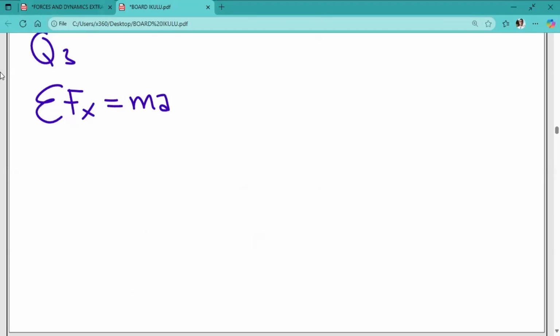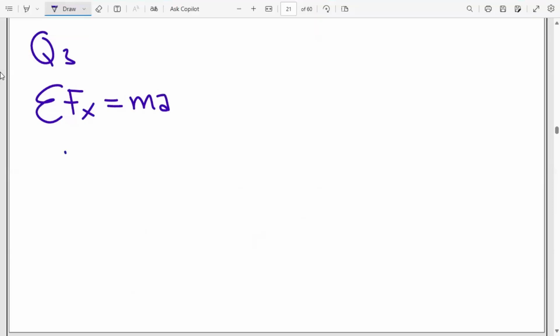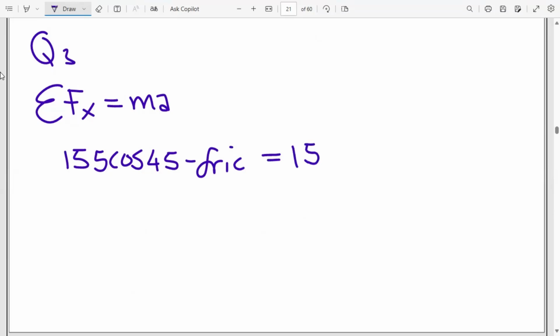So we're going to say 155 cos 45 minus friction will be equal to mass, 15, multiplied by the acceleration, 2.2 meters per second squared.